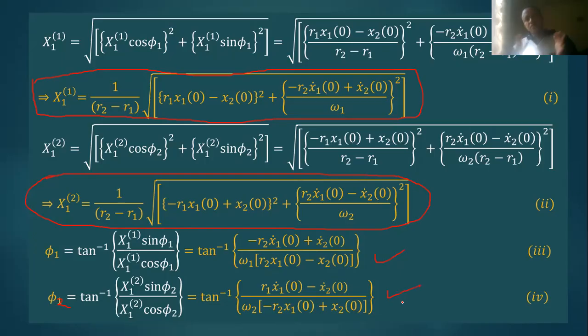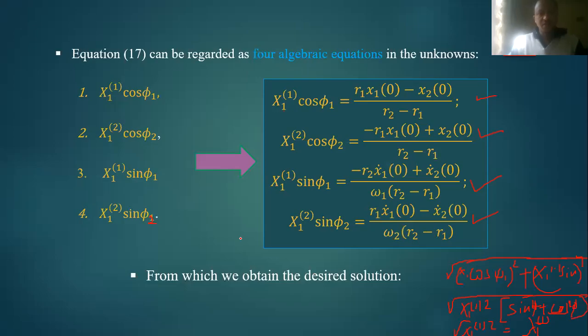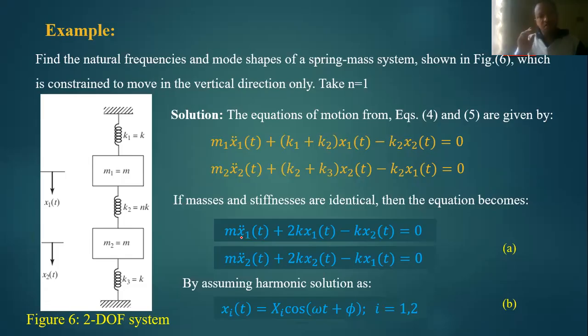So based on this discussion, we'll take a simple 2-degree of freedom motion. We have discussed it yesterday, but just for more clarification, we can take this example. So how can we find the natural frequencies and mode shapes?